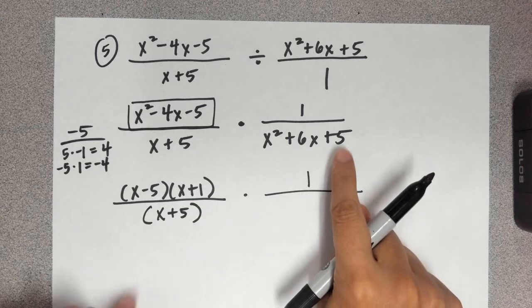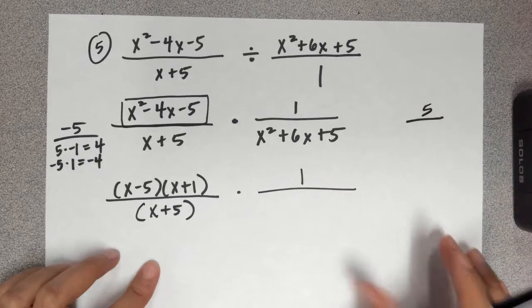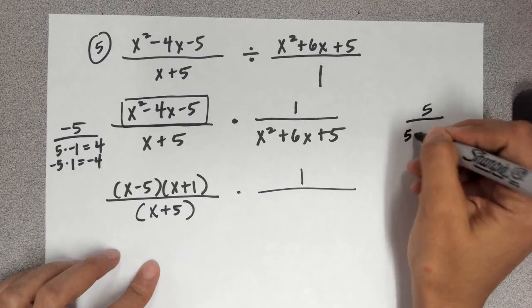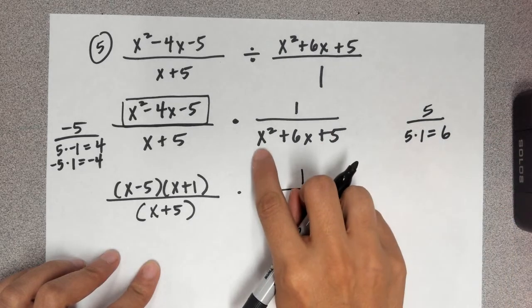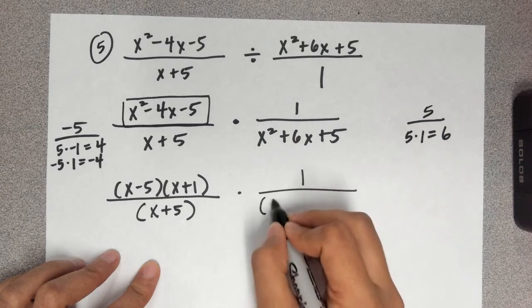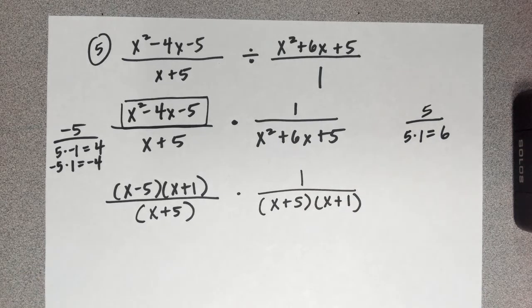And then here, I'm going to do the same thing, but I'm going to do the factors of +5. So what are my factors of +5? So 5 and 1, when you add that you get 6. That's what we want. The leading coefficient is 1, so I can just guess and check. So x plus 5, x plus 1. Now everything is in its own little factor bubble. I'm going to see what can I cancel.